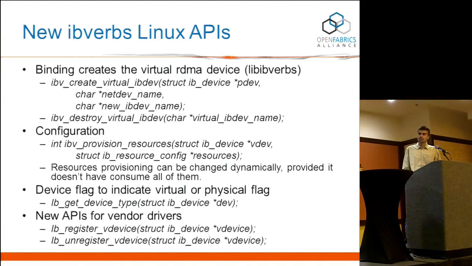Configuration, we have provision APIs. This provision API is for every virtual device. You say I want this many PDs, MRs, Q pairs for this virtual device, and then it could be an oversubscription provision model, or it could be one-to-one. It's all the administrator's choice to allow that.